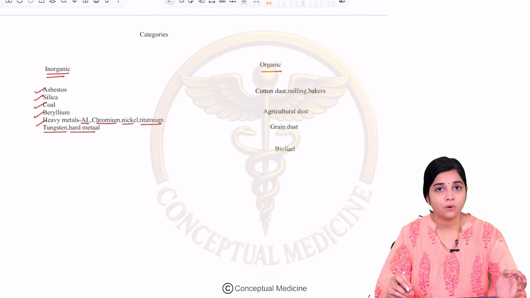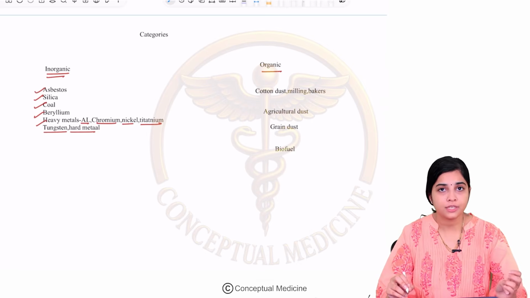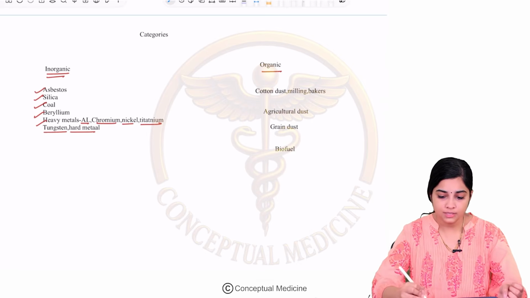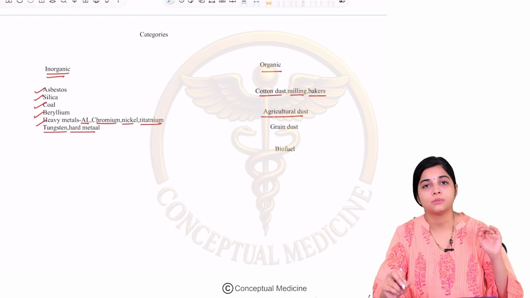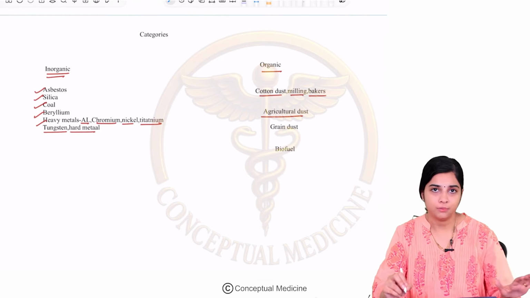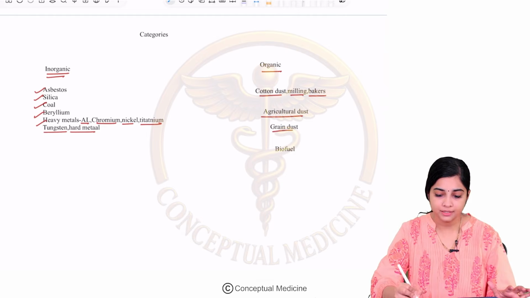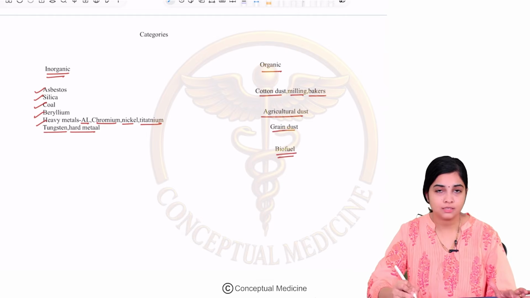Never forget about the organic particles which can cause a lung injury. This includes cotton dust, milling, Baker's disease, agricultural dust. Very importantly, in farmers, never forget to ask about the exposure history. Then grain dust and biomass exposure.